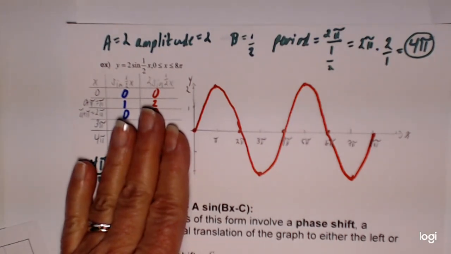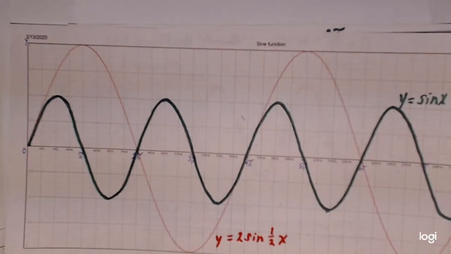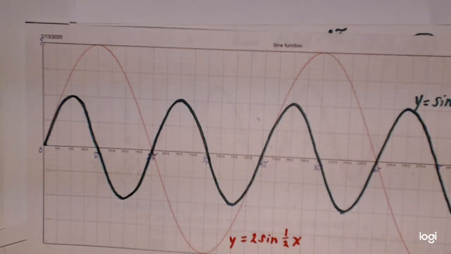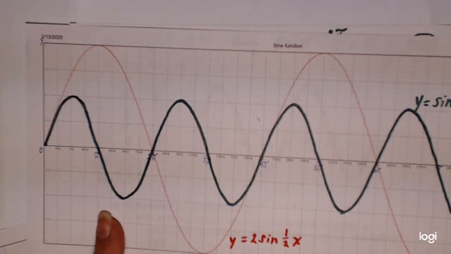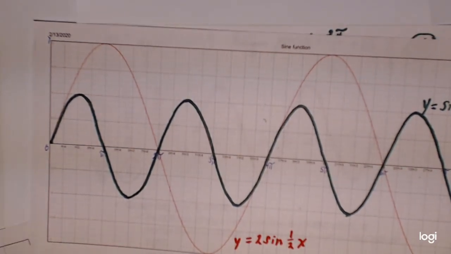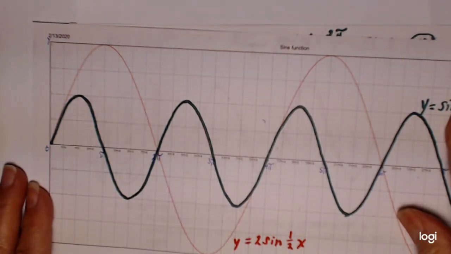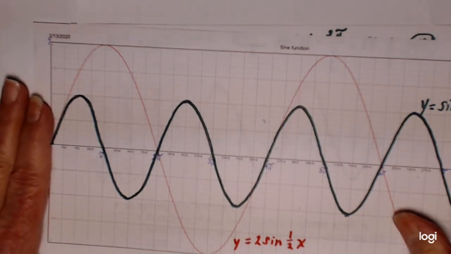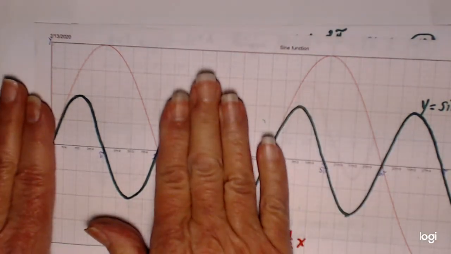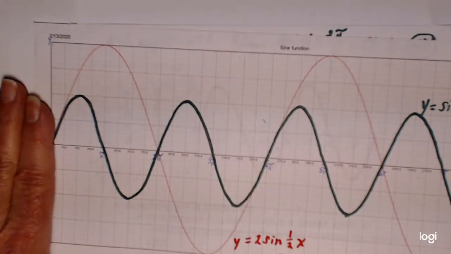So now, taking a look at this graphed on Desmos, we can see that here is our regular y is equal to sine of x. Between 0 and 2 pi, there's our period. And we can see here with this new function, y is equal to 2 sine of 1/2 x, we've changed our period.